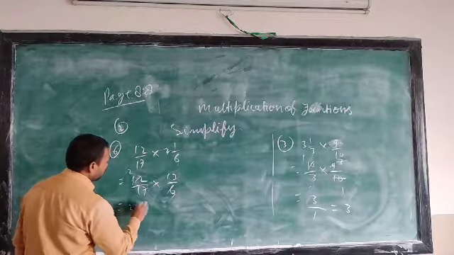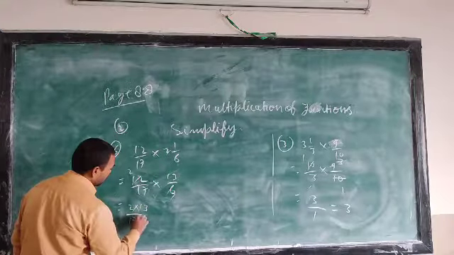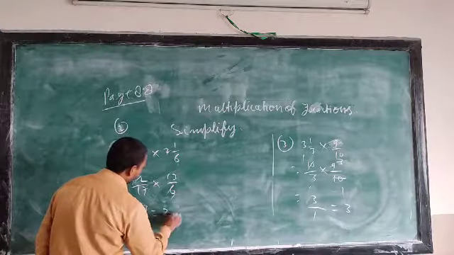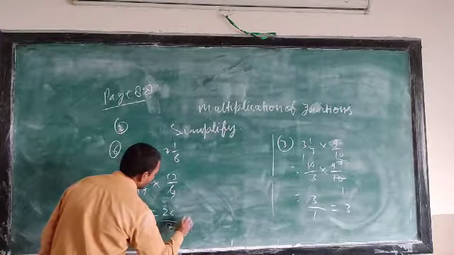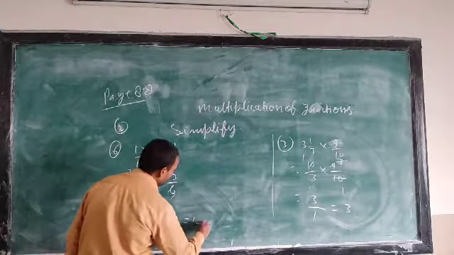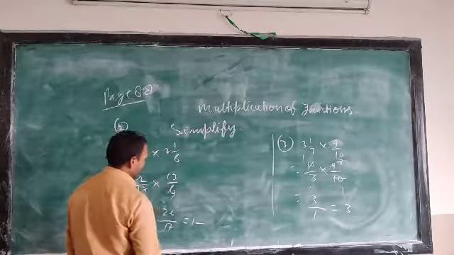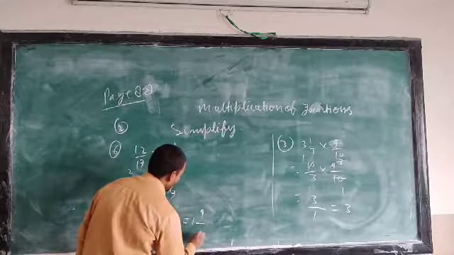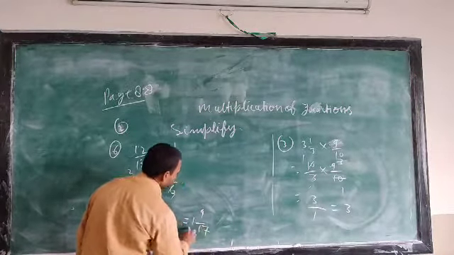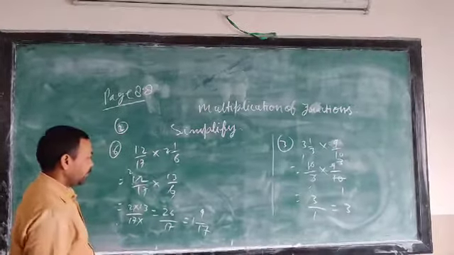So 2 multiply 13, and denominator 17 multiply 1. That is 26 by 17. You can write this number as 17 minus 17, and 17 plus 9. 26 by 17 is 1 and 9 by 17.